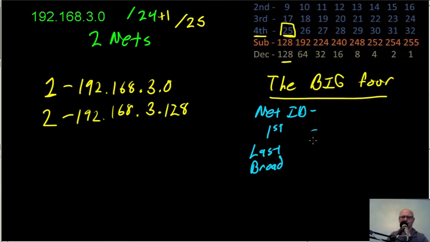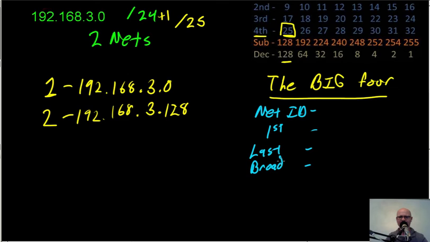And the reason I call them the first usable and the last usable is because the net ID and broadcast cannot be assigned to any device. The broadcast is an address to go out to everybody on the network, so you can't assign that to an individual device like a printer, PC, or server.